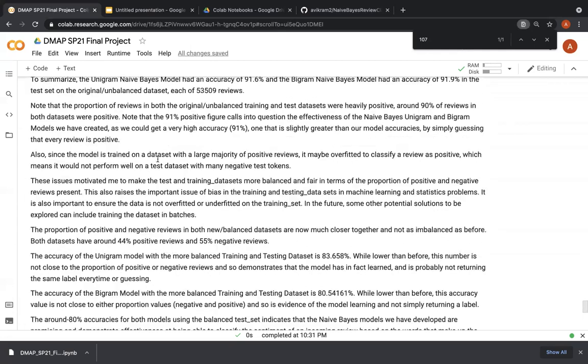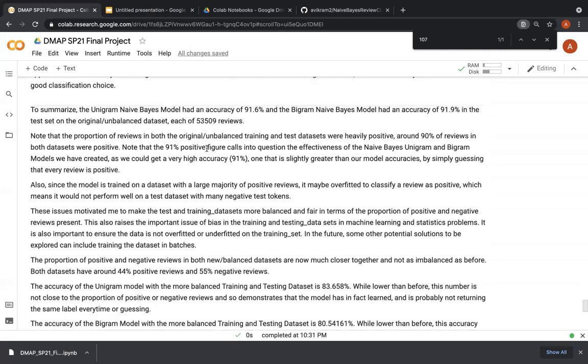And we had to do this because we wanted to verify our model, because the issue with the original data is that it had a lot of positive calls, right? 91% of the data was positive calls that dominated the total data, and this called into question our model, because you can simply guess positive in that scenario.